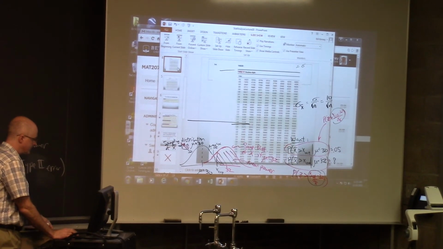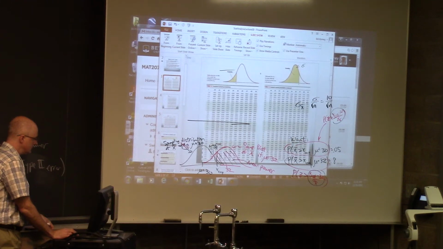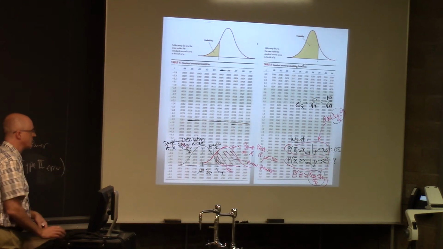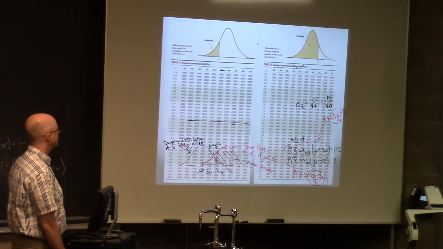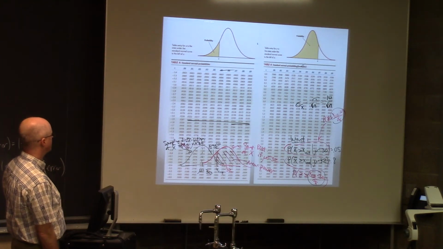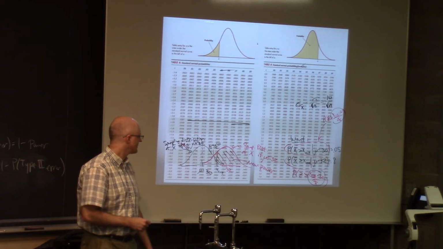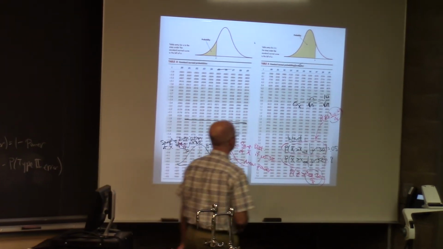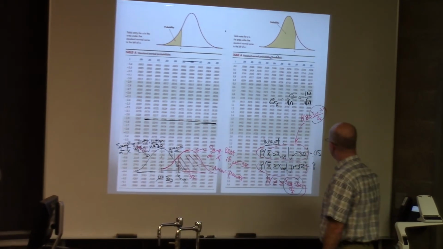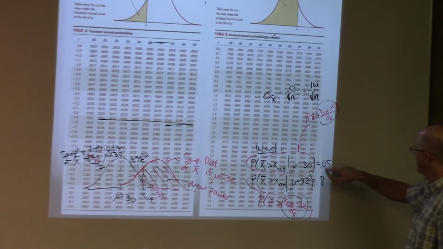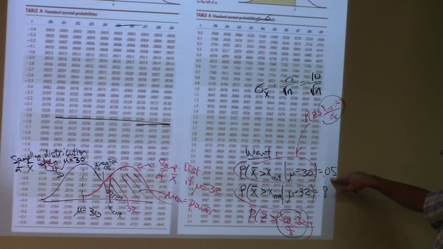Open your table if you want. It's kind of a mess here trying to sort out, I don't want to erase this stuff. If you want to zoom in and try to sort out the distinction between the table and the writing. Here I want the area to the right of this to be 0.05.